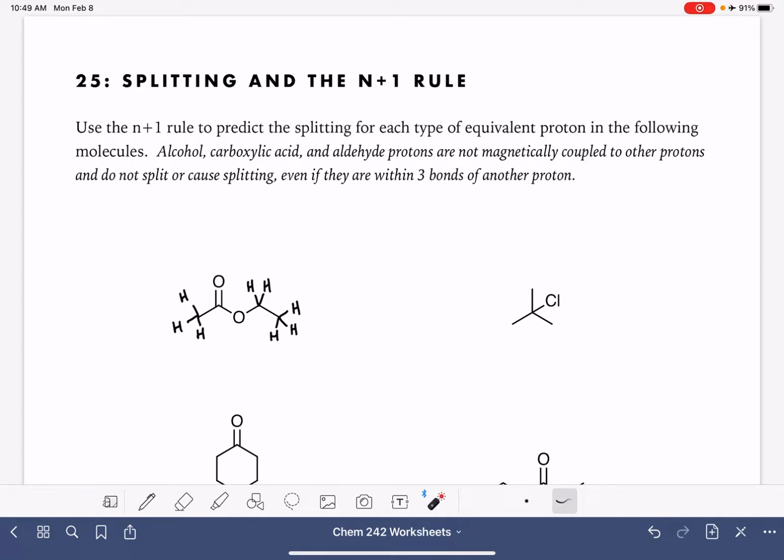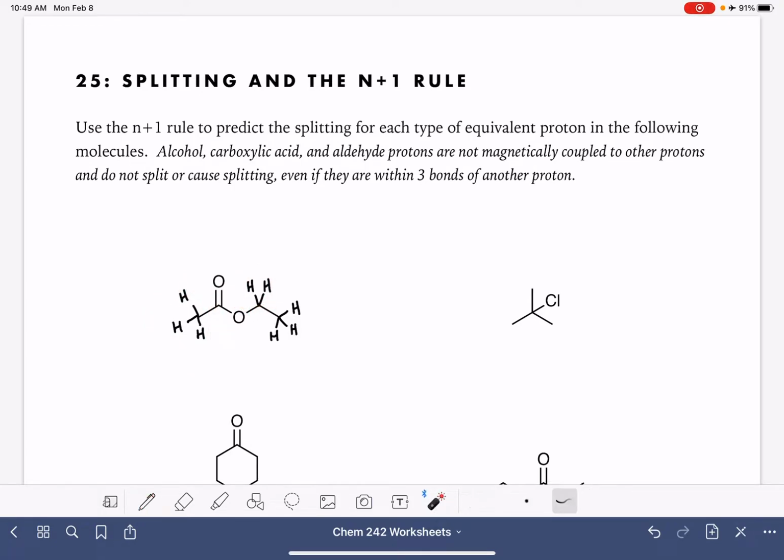So if we start with this set of 3 hydrogens right here, and we want to see how far away from any other hydrogen they are, we'll just use this hydrogen right here as our starting point. This hydrogen is 1, 2, 3, 4, 5 bonds away from another hydrogen. That means that it is too far away from any other hydrogen to be split by the other hydrogens.